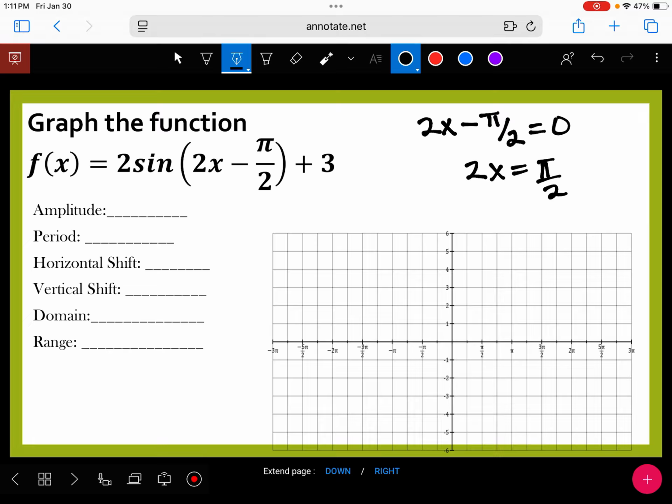So half of pi over 2 is pi over 4. So what I'm doing is I'm multiplying both sides by 1/2. And I get pi over 4. So I'm done talking, which is right here. Right there, that's where you should start.